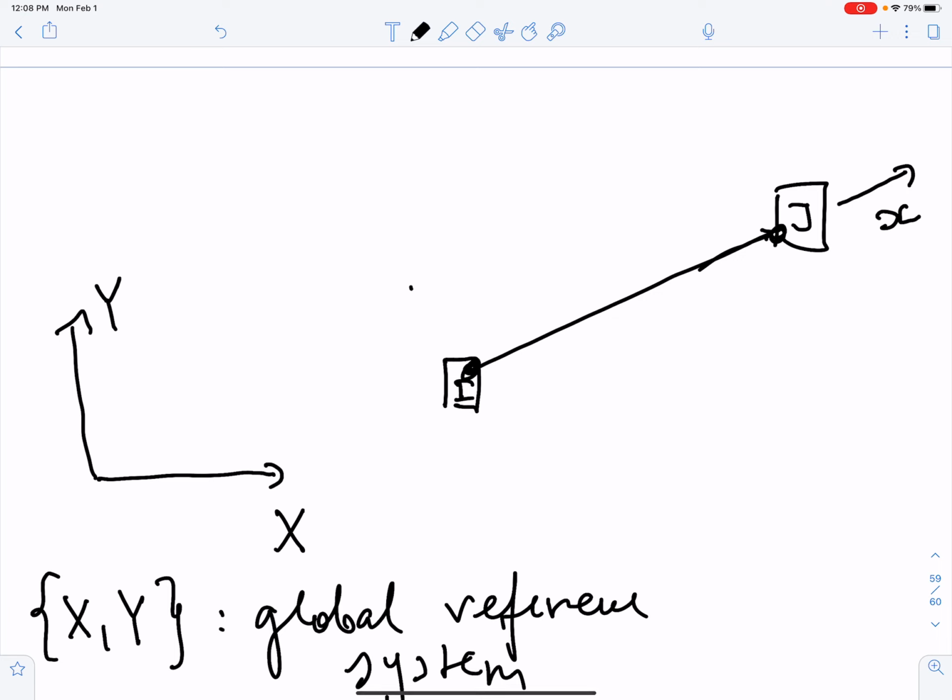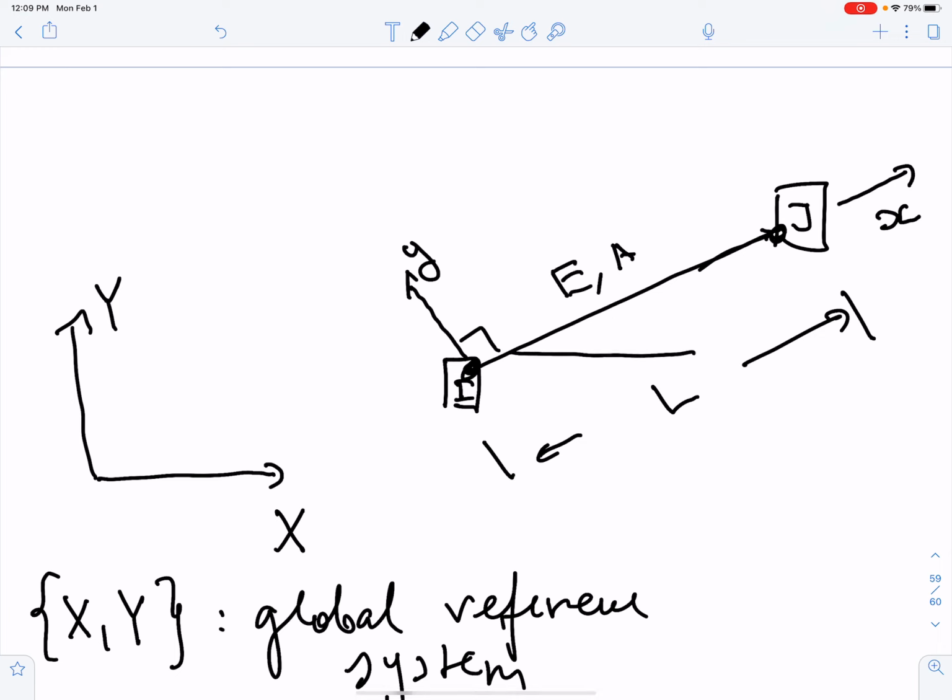And then little y is going to go perpendicular, starting at node i. So this guy is as before, nothing new, has the length L, has properties EA. But now it is oriented at angle phi to the big x-axis.